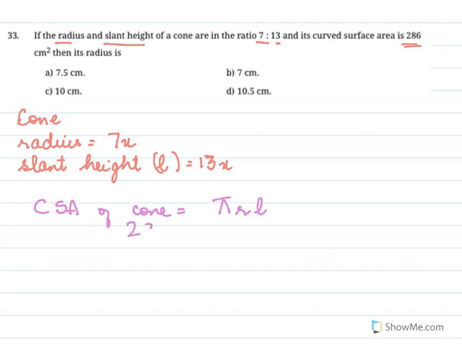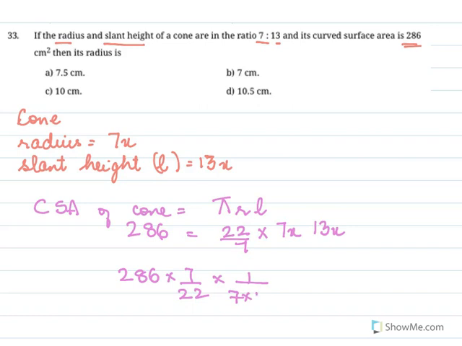Now CSA we know is 286, pi 22 by 7, the R we have taken as 7x and the slant height we have taken as 13x. So 286, the 7 will come here, over 22 into 1/7 into 13 will be equal to x square. And if you work this out, we get now the x square equal to 1. So you have x equal to 1.